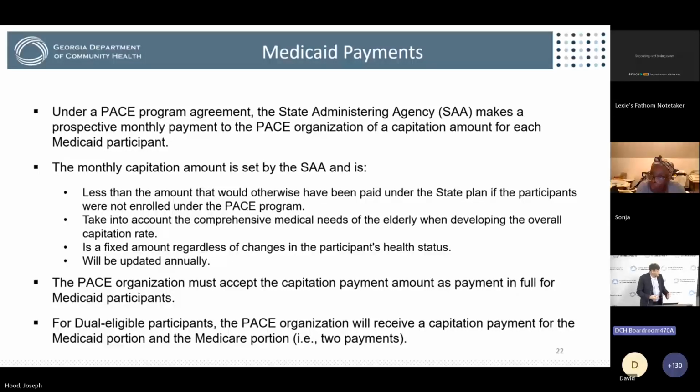And we have an actuary that sets a per member per month rate for those folks who are enrolled in a CMO, as we call it. And this is the same similar process that's establishing a per member per month rate for PACE enrollees for the provider to receive. The PACE organization has to accept the capitation payment amount as payment in full for Medicaid participants.